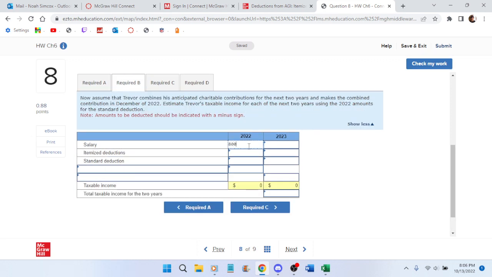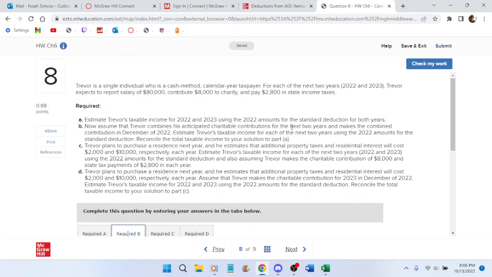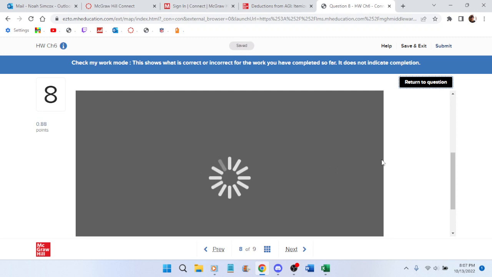The only difference is now the itemized deduction will be 2800 plus 1600, so 18,800 should be this. And this should be 2,800. There, that should be right.